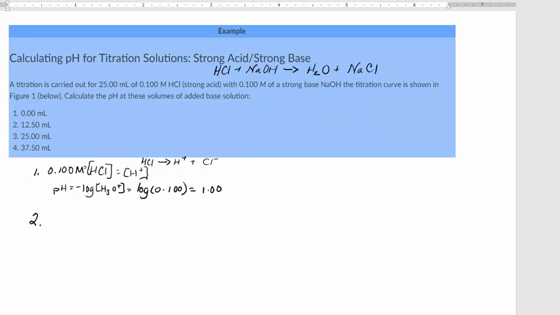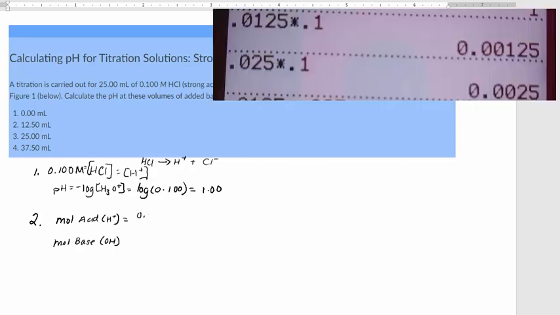Once we add base, we have to start comparing our moles. So we have to calculate moles of acid, and we'll have to calculate how many moles of base. Now, to calculate the moles of the acid, we will take the volume that we started with, our 25 milliliters.